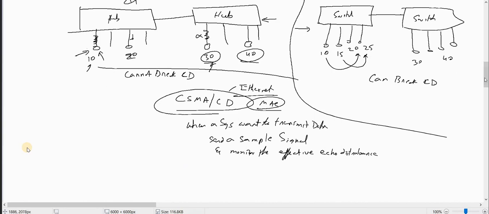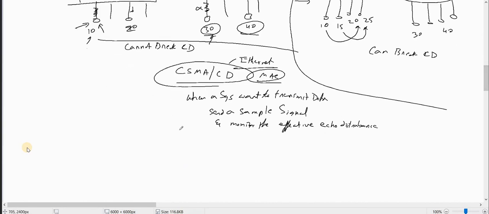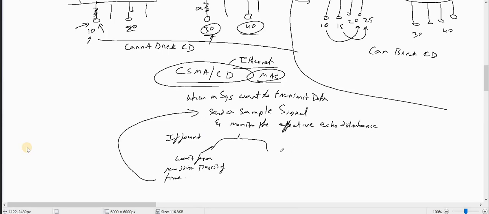If the effective echo disturbance is found, wait for a random period of time and again send the sample signal.